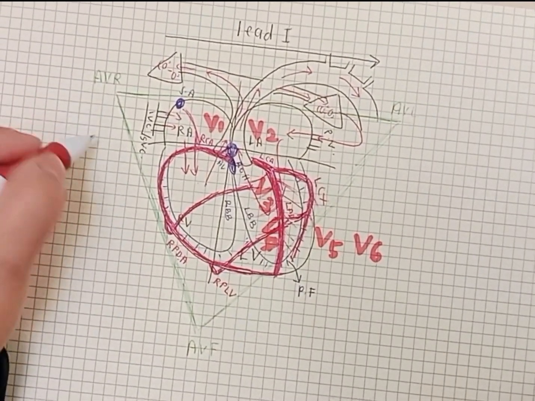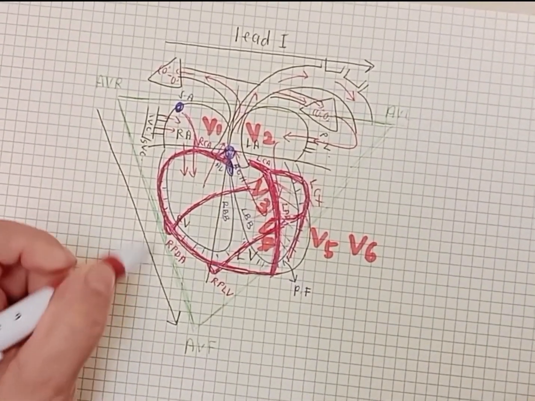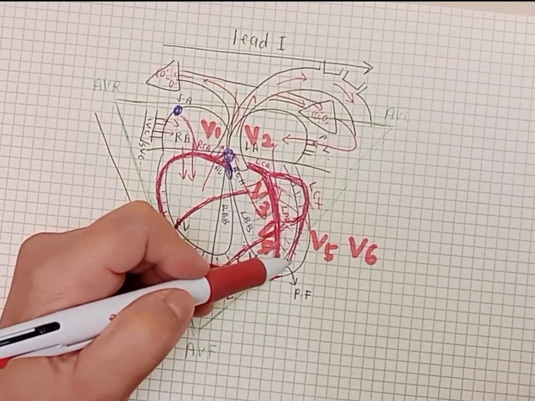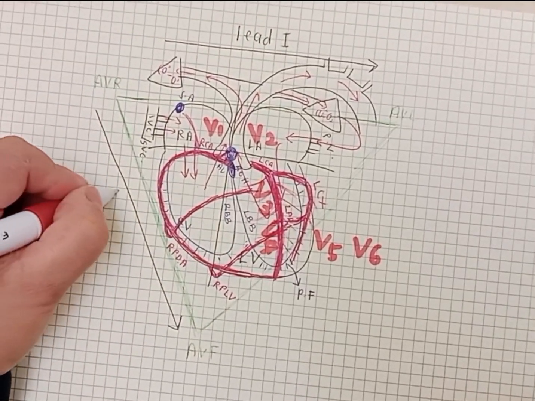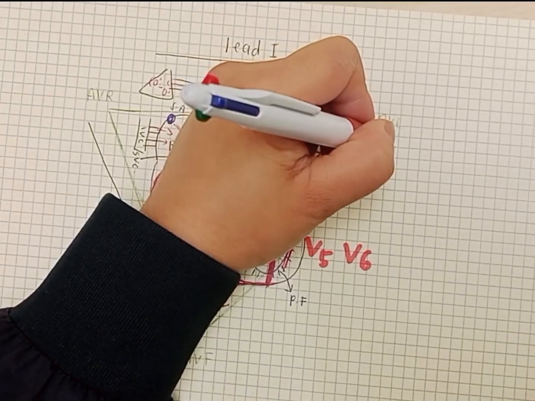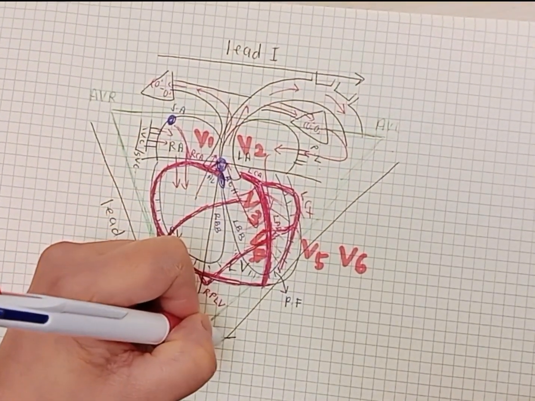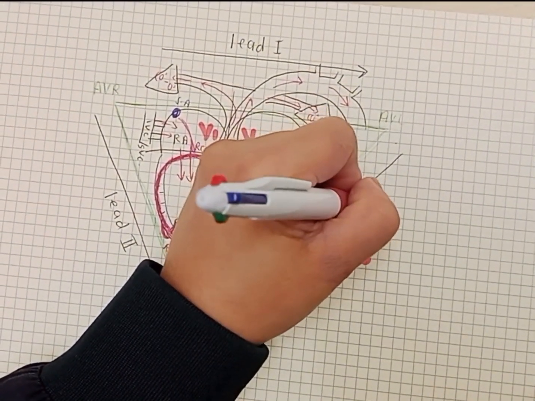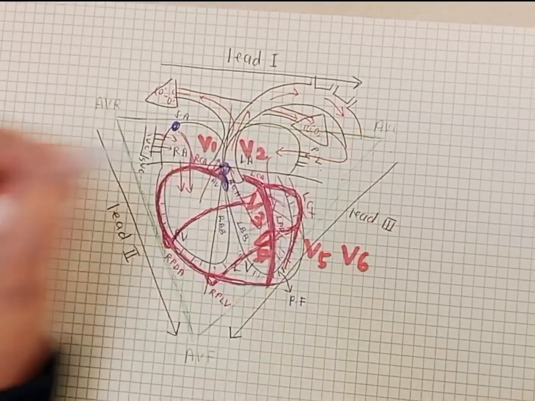From the right arm going to the apex, from the SA node to the AV node, the AV node to the Purkinje fibers of the apex, we call it lead 2. And from the left arm to the foot, we call it lead 3.